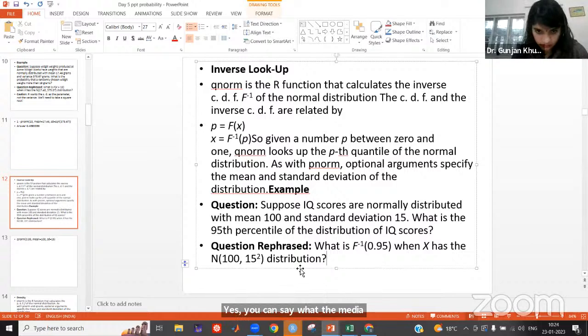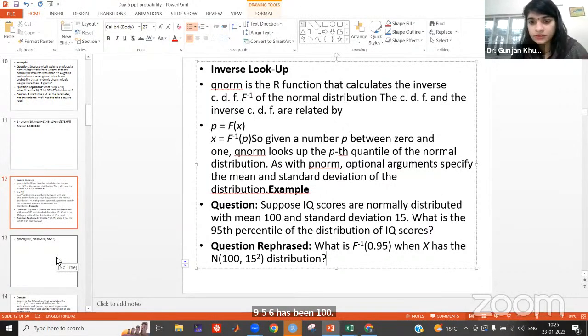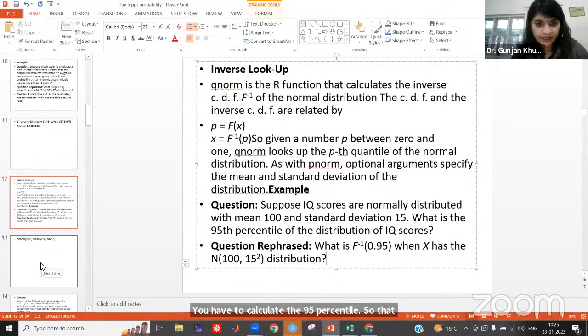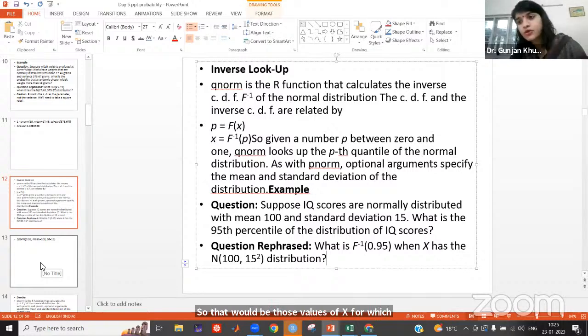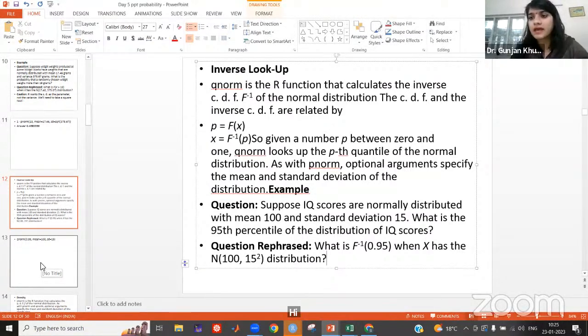Now the question is rephrased as F inverse 0.95 when X has a normal distribution with mean 100 and standard deviation 15. So how will you calculate it? You have to calculate the 95th percentile, those values of X for which the probability is 0.95.